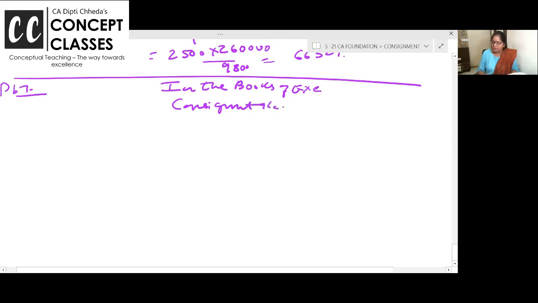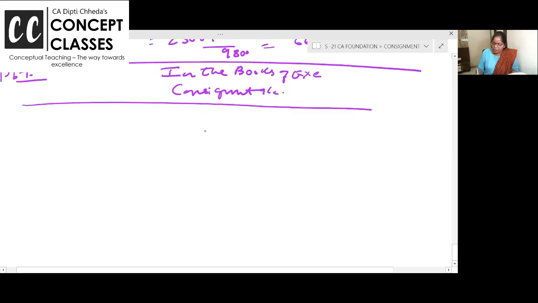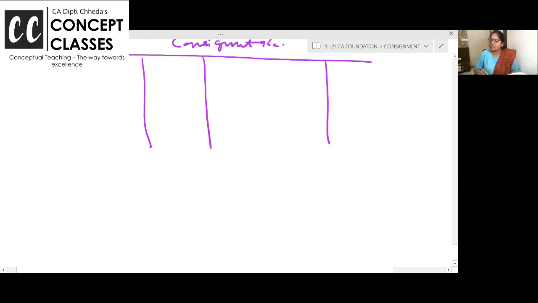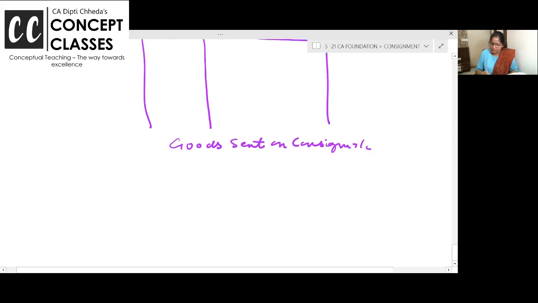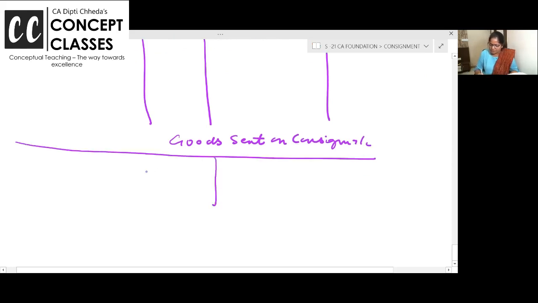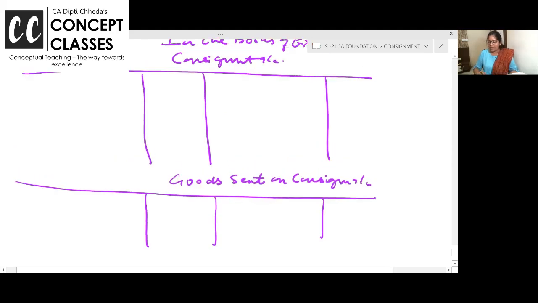Consignment account, T format. Just 5-6 lines, such a small account is made. Goods sent on consignment account, that is also a very small version, just 2 lines.